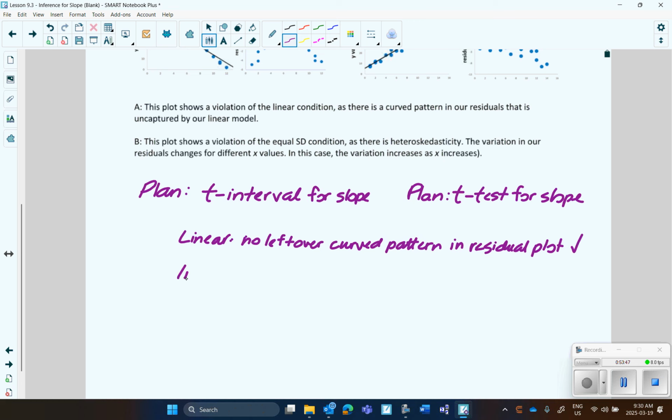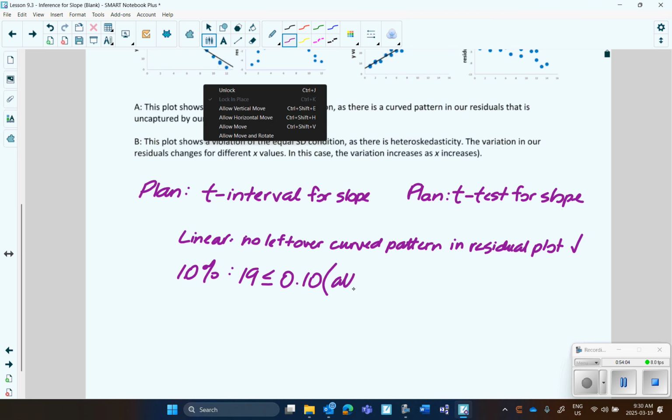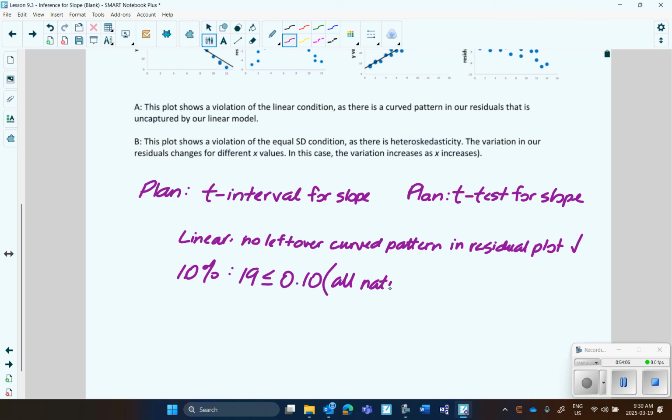Independent, or 10%. I won't call it independent; they call it independence at the line of fits. So 10%: 19 is less than or equal to 0.10 of all nations. Met.